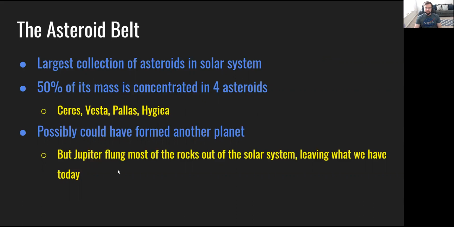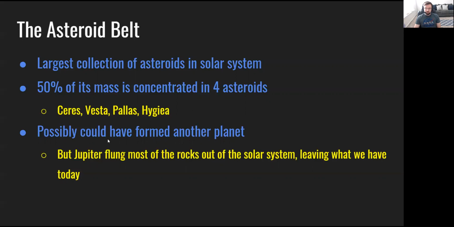So it is often said that it possibly could have formed another planet, but this is untrue. So the asteroid belt is in an area where another planet could be, but what's left there is not nearly enough mass. For this to be true, the idea is that Jupiter would have had to fling most of that material out of the solar system, leaving what we have today.